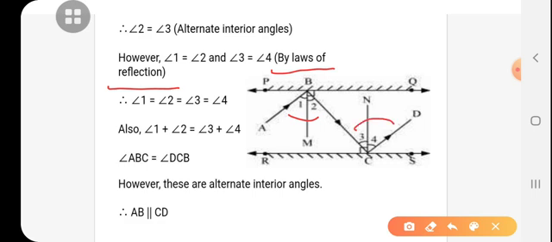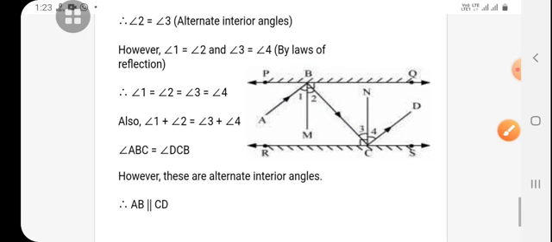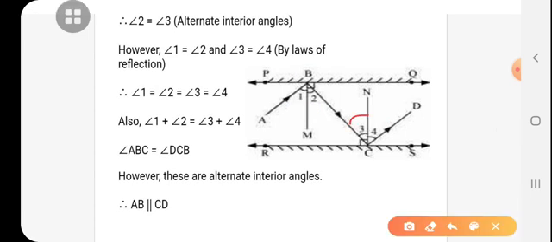So these two angles will be equal and these two angles will be equal. Angle 3 is equal to angle 4 because this is the angle of incidence, and this is the angle of reflection. So both angles will be equal. So angle 1 is equal to 2 and angle 3 is equal to 4. Now look here, as angle 2 is equal to angle 3, and angle 1 is equal to angle 2, angle 1 will be equal to angle 3.